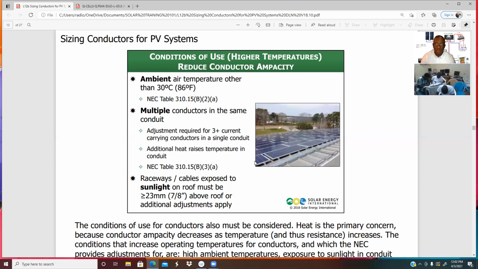The NEC table 310.15(B)(3)(a). Raceway or cable exposed to sunlight on or above a roof must be greater or less than 23 millimeters, that's 7/8 of an inch, above the roof, or an additional adjustment is applied.